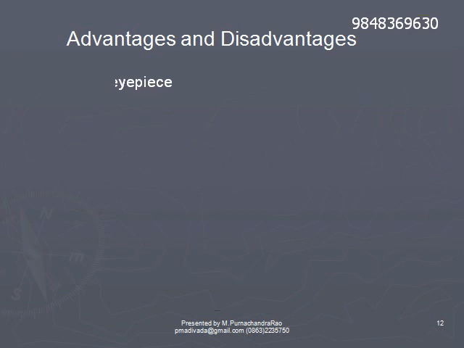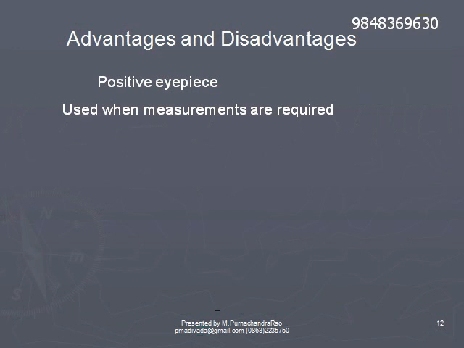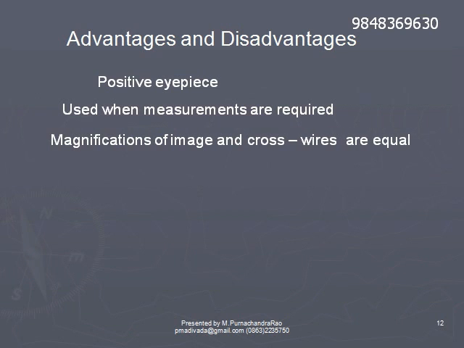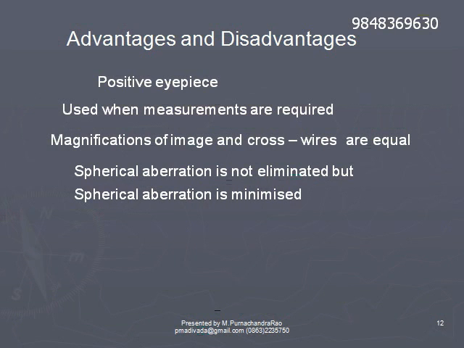Advantages and disadvantages of Ramsden's eyepiece. Ramsden's eyepiece is a positive eyepiece. We can measure the images with this eyepiece. Whenever we want to measure the image, we use this eyepiece.